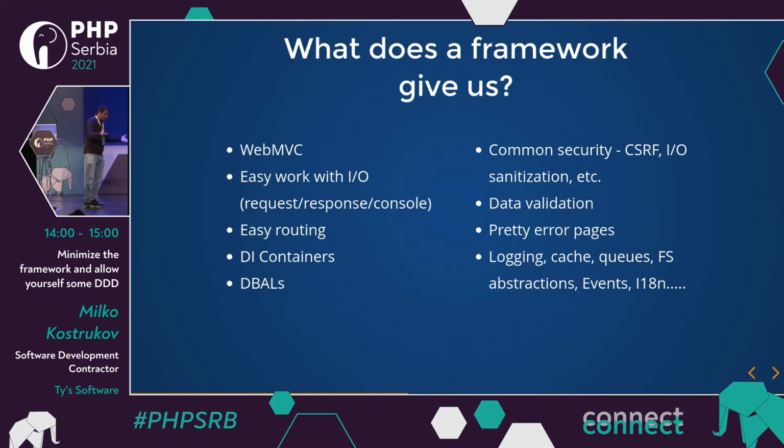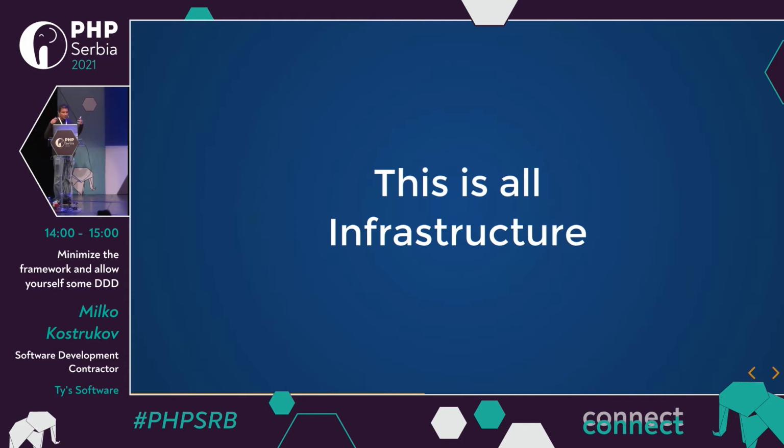They don't know about our domain, and that's absolutely normal. How could they? What they know is infrastructure, and this is what they give us. They give us web MVC, easy work with input-output, easy routing, DI containers, database access layers, and so on. And this is okay. This is good, because we're going to use a lot of this stuff.